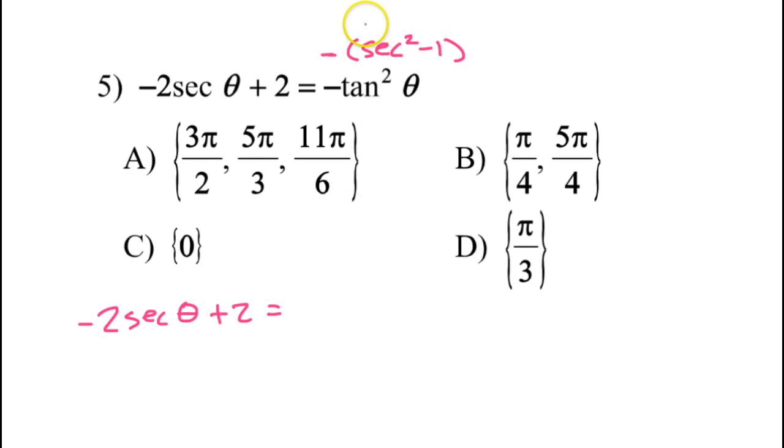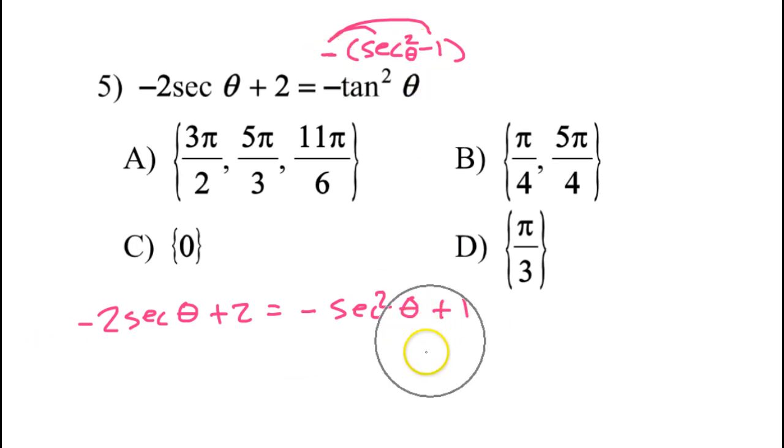But now as I distribute this minus sign, then I will have negative secant squared. Whoops, I forgot the theta. I will have negative secant squared theta plus 1, because negative times negative is a positive.